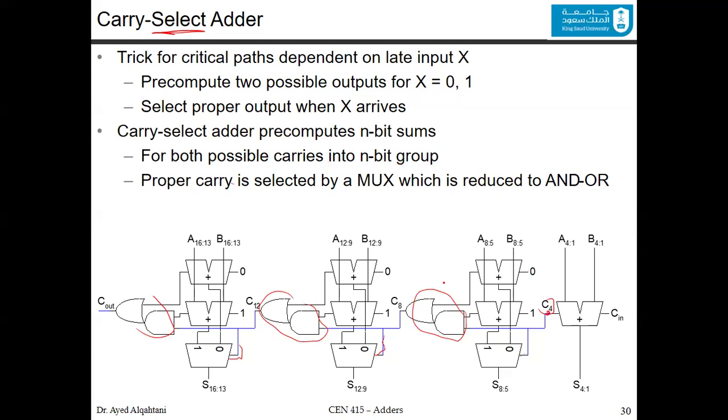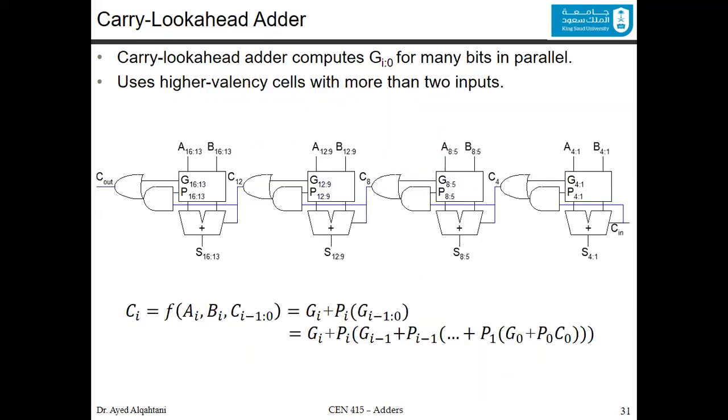So for 0 and 1. And the proper carry is selected by the multiplexer, which is reduced to an AND OR circuit, which is this AND and OR. So you are actually rippling at the end. This is the carry select adder idea.